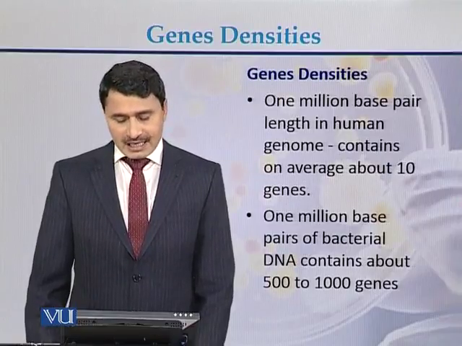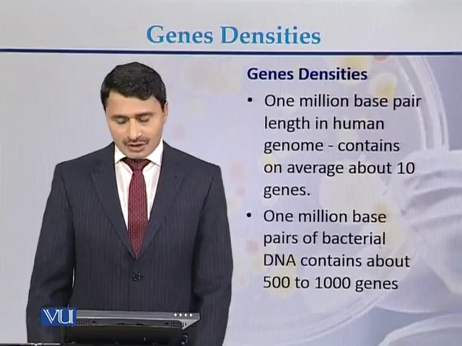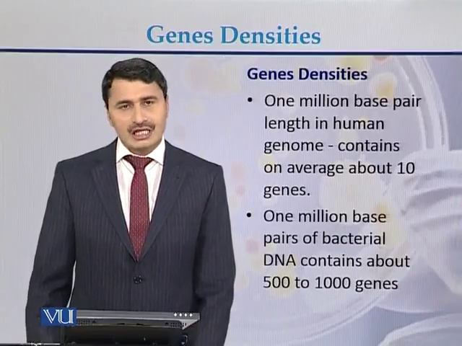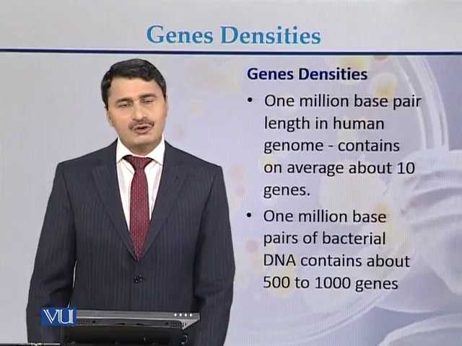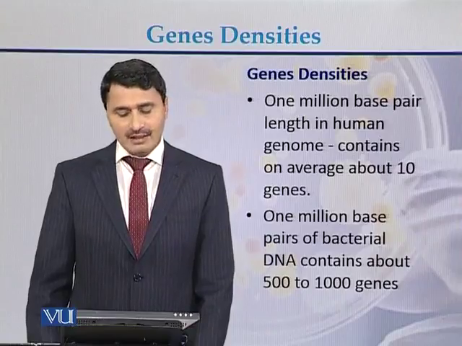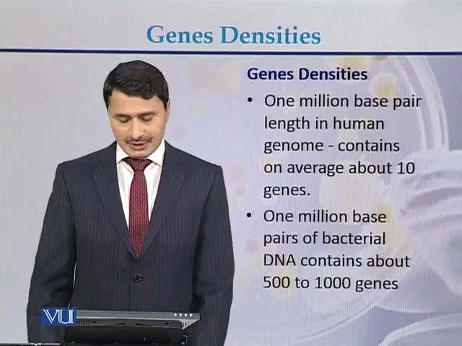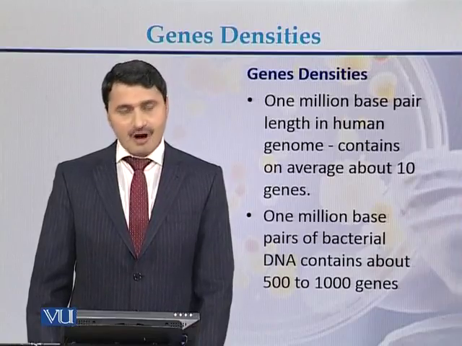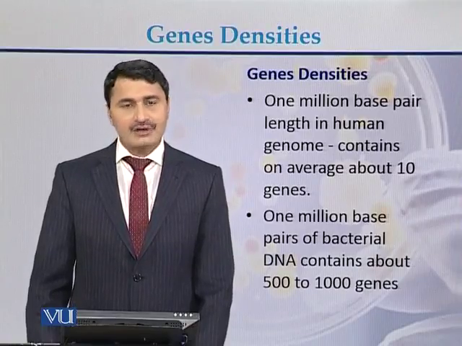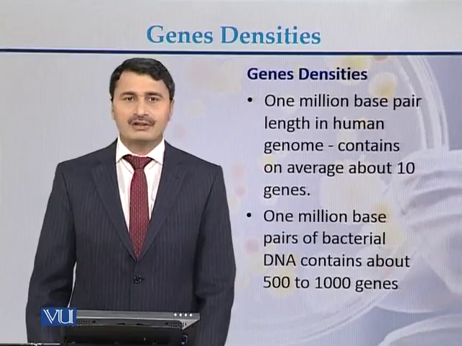1 million base pairs of the human genome have approximately 10 genes. So this is an example in the case of human genomes that in 1 million base pairs, there can be up to 10 genes. 1 million base pairs of bacterial DNA contain 500 up to 1,000 genes.